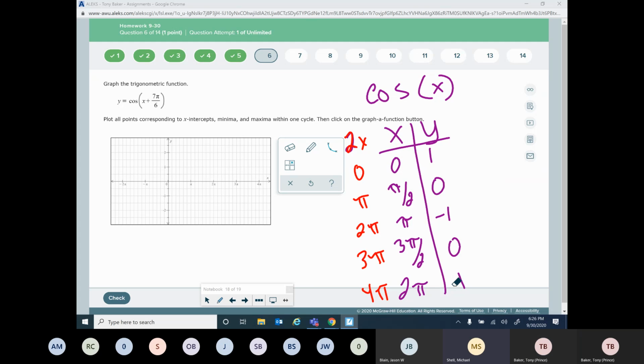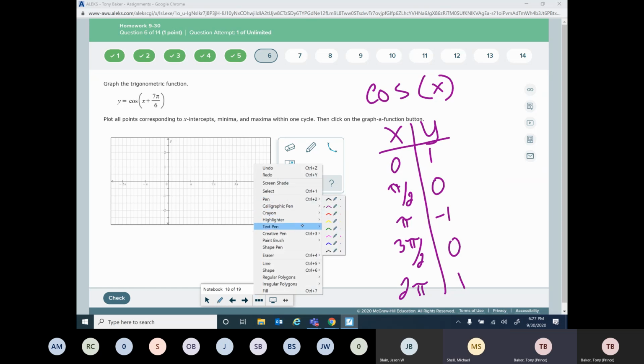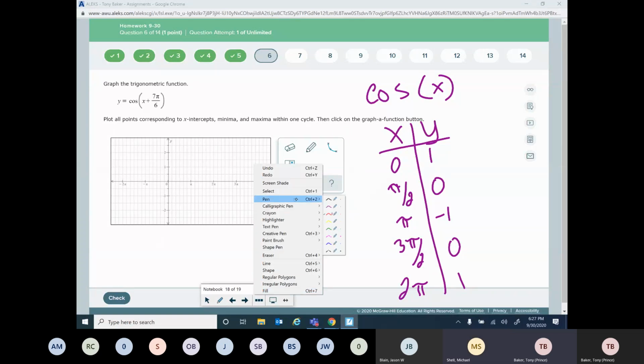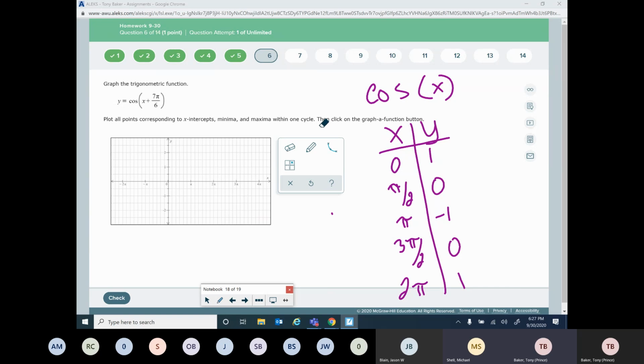All right. So this one now, it says plus 7 pi over 6. Since it's on the inside, I'm going to subtract 7 pi over 6. So it's going to be x minus 7 pi over 6. So the 0 becomes negative 7 pi over 6.